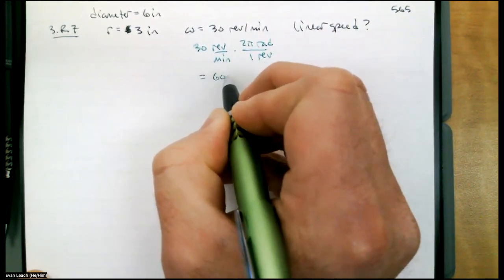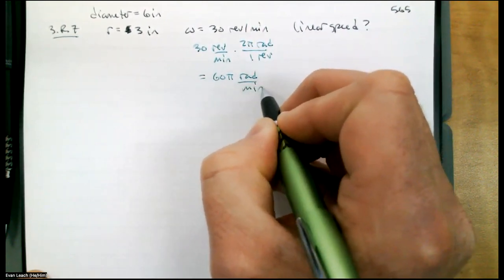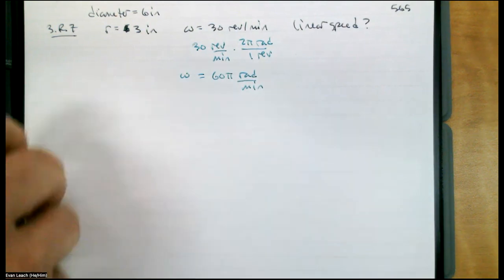So that's going to be 60 pi radians per minute. That's our omega, our angular speed. If I want to convert our angular speed to linear speed, we just multiply our angle by our radius.